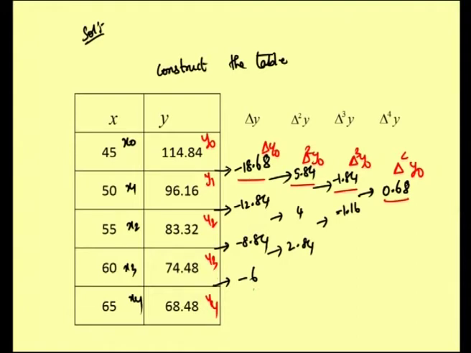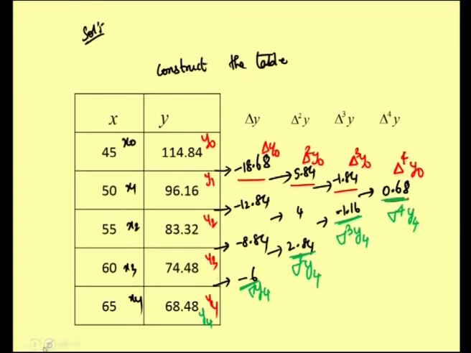So, this is nabla y1, this is yn, and this is y4, and this is nabla y4, minus 6, and 2.84 is nabla square y4 and minus 1.16 is nabla cube y4 and this value is nabla power 4 y4.